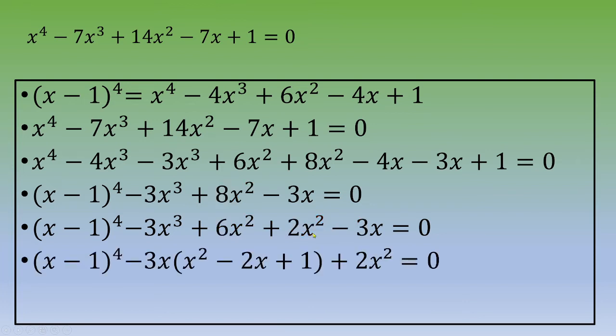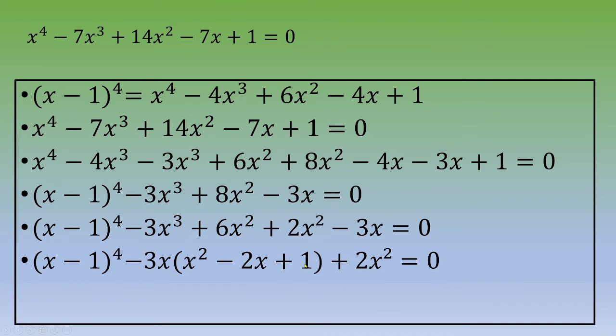So now you end up with x minus 1 power 4, and with these 3 terms you can factorize by minus 3x, and this is x squared minus 2x plus 1 and plus x squared equals to 0.